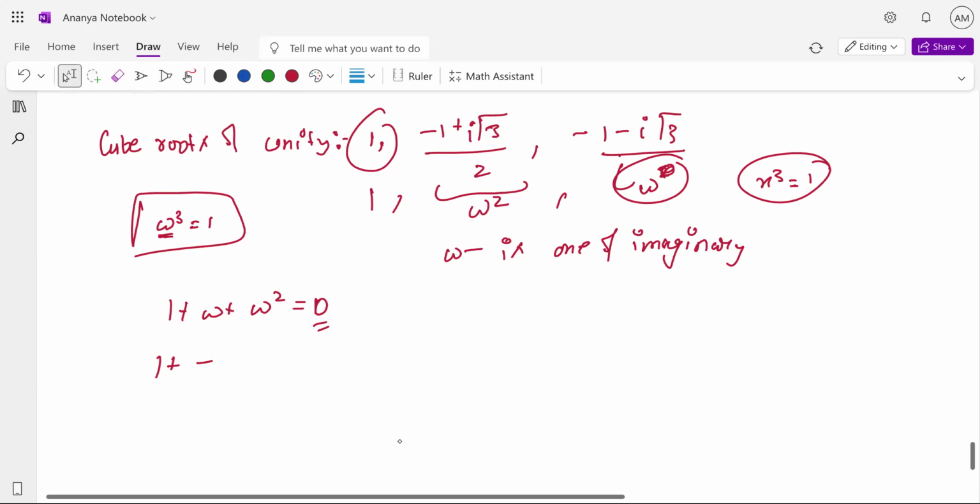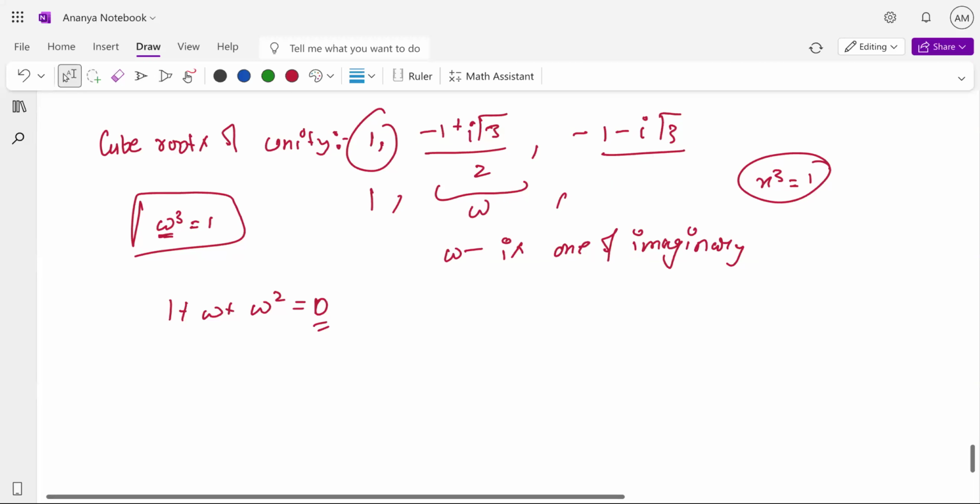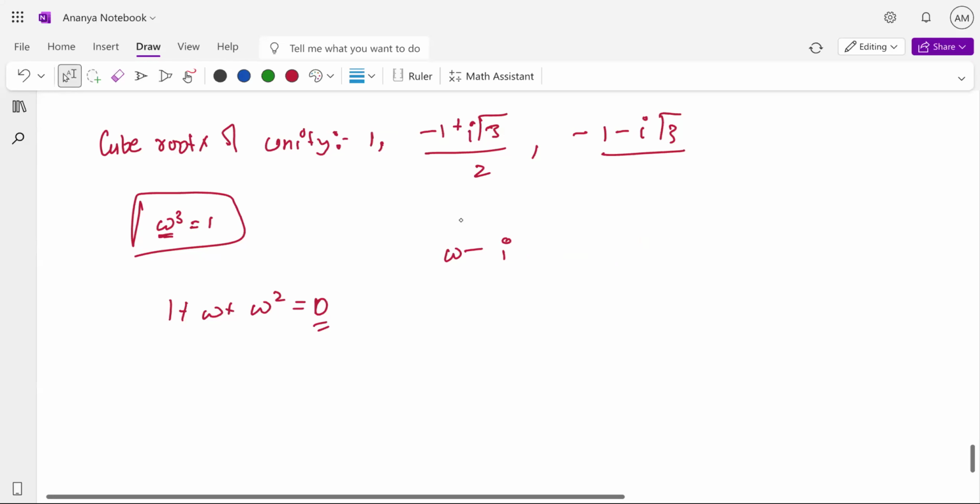Even if you take omega as minus 1 plus i under root 3 by 2 and do the square of this thing, you will get the other one. If you square that, you will get this. So all the things actually hold correct. It's not the case that if you put in the value, you will get the wrong answer. Yes, sir.